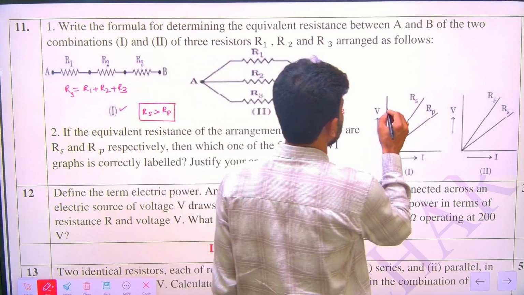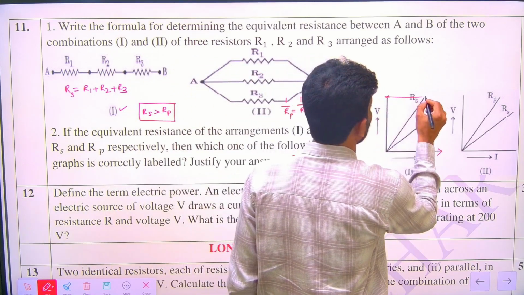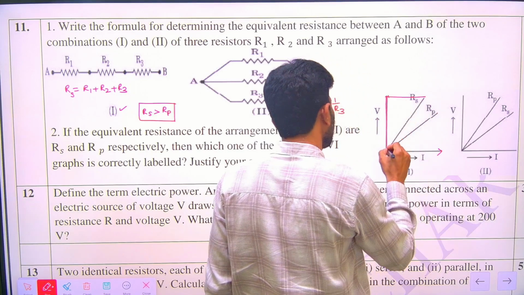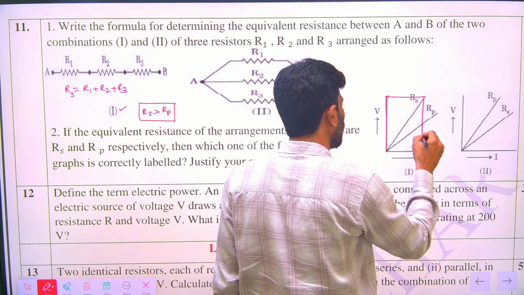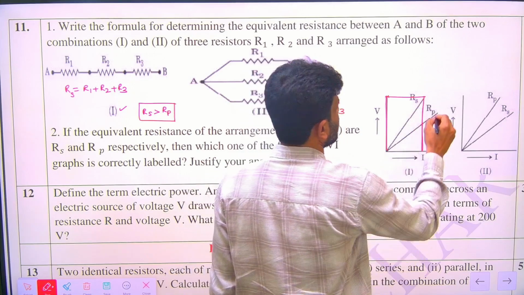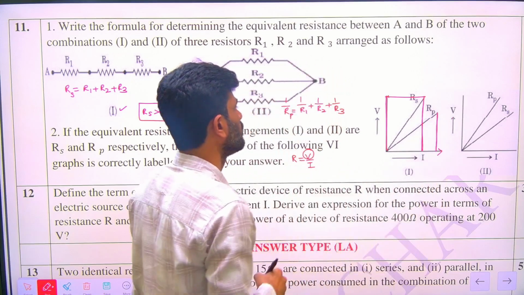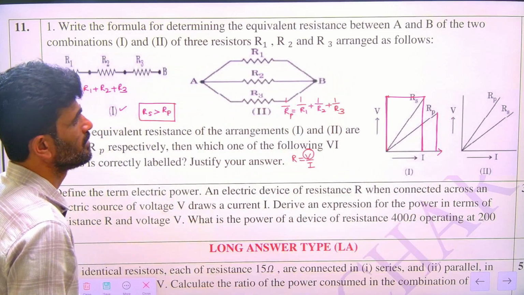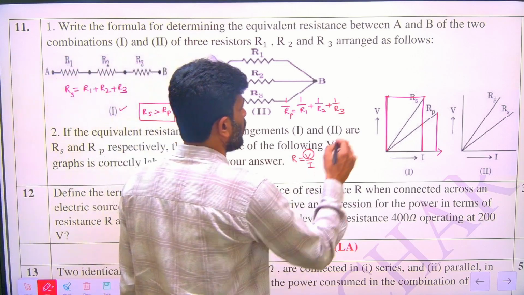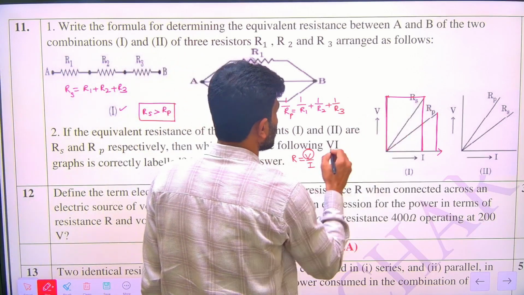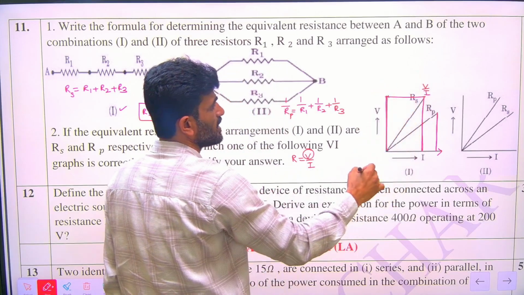So if you see in the first figure, this is V, this is I. Here the V value is more, and here the V value is less. Where V is less, the resistance will be less. So according to this, the first figure is correct, because for RS, V by I is more: voltage is more, current is less.